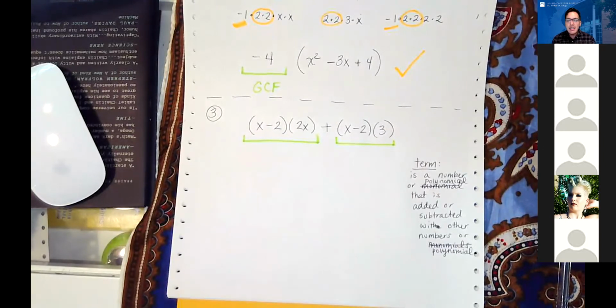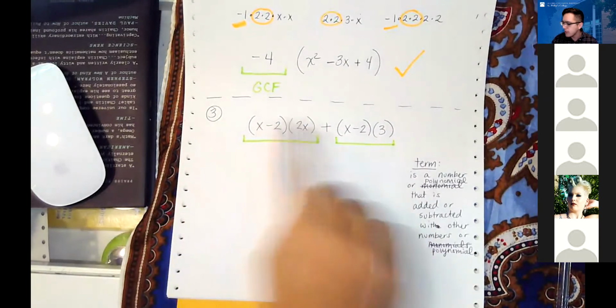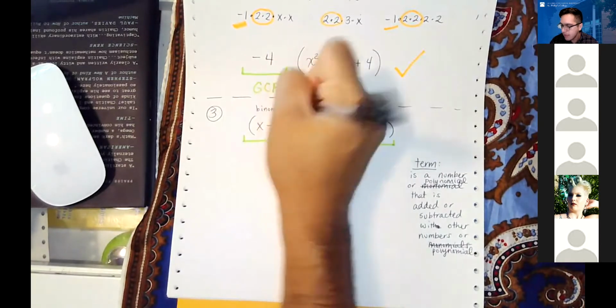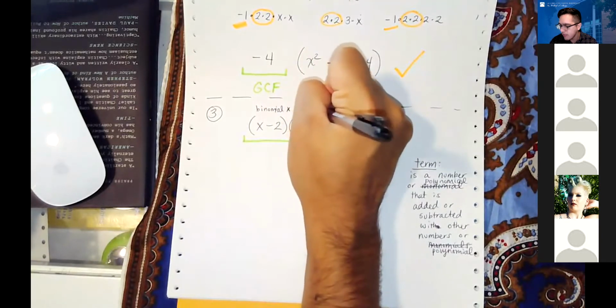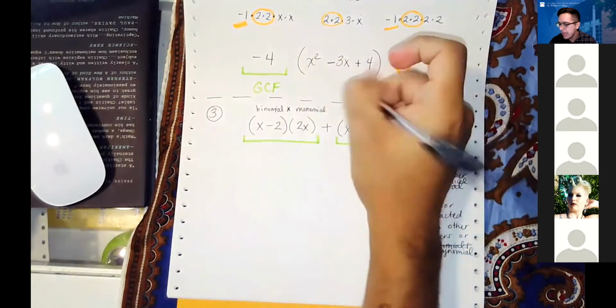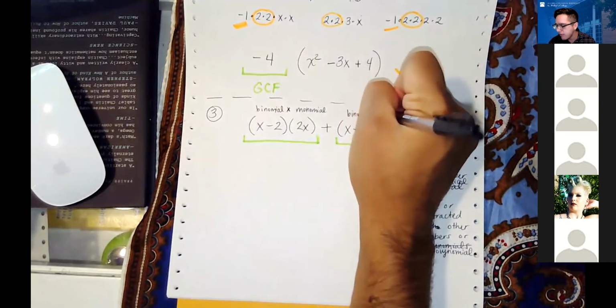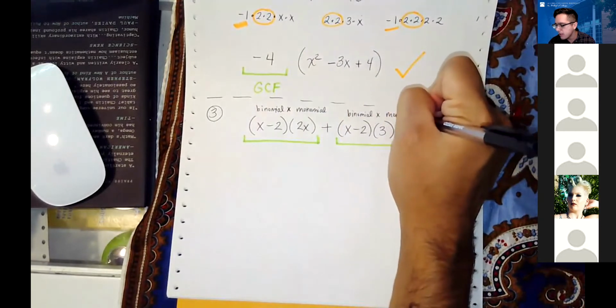But if you zoom out a little bit, you see that this is really a binomial being multiplied by a monomial. And this is a binomial being multiplied by a monomial as well.